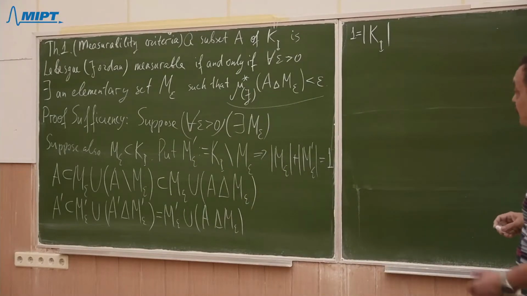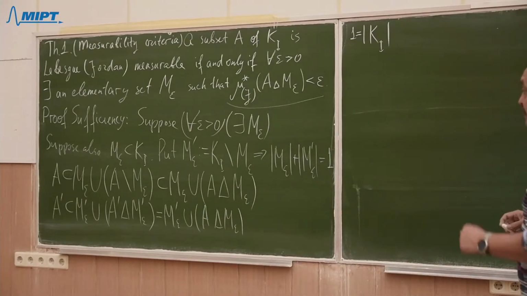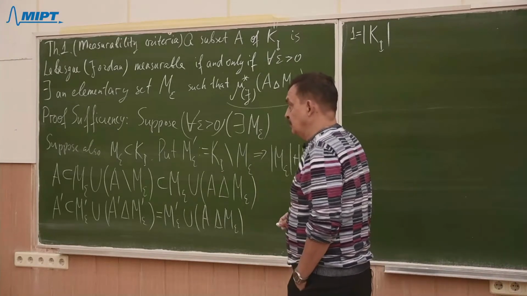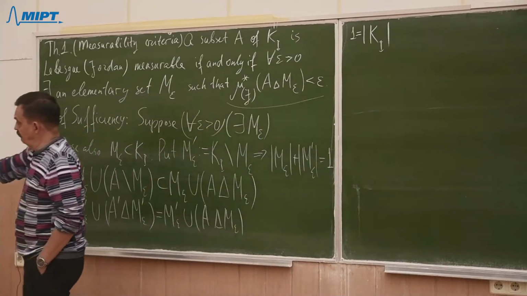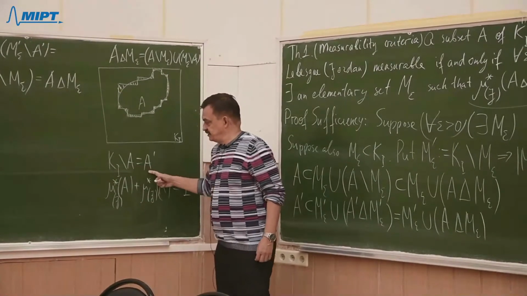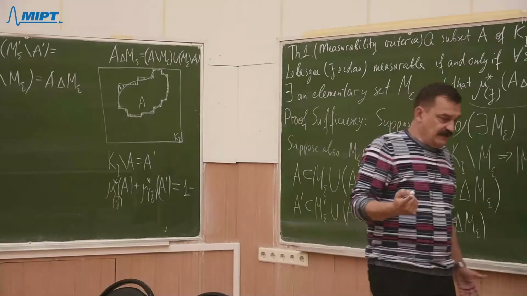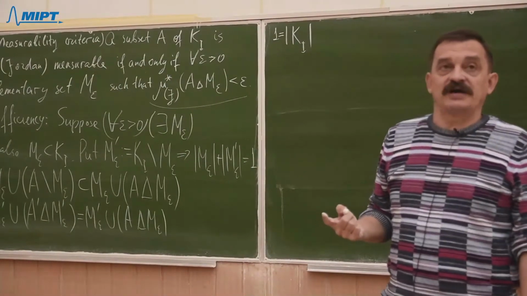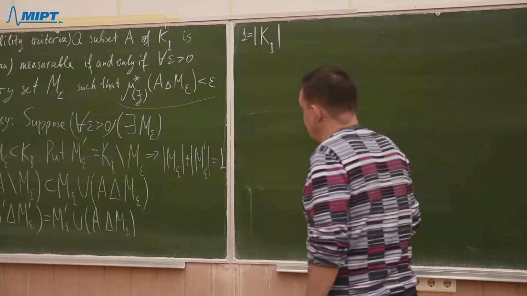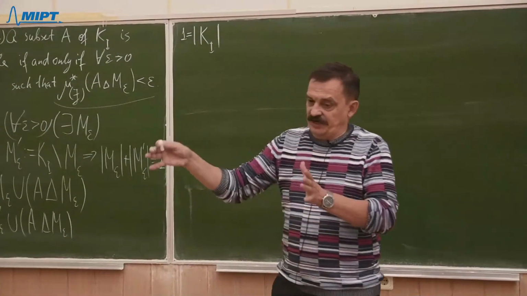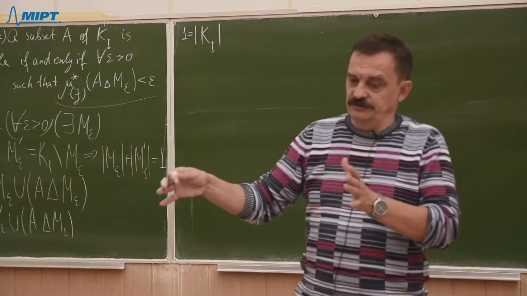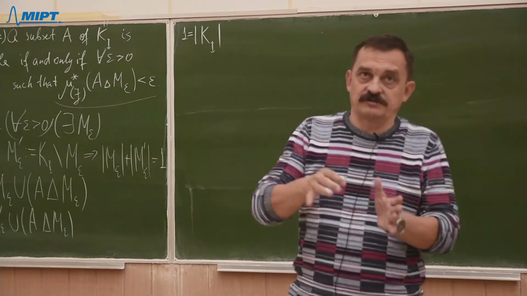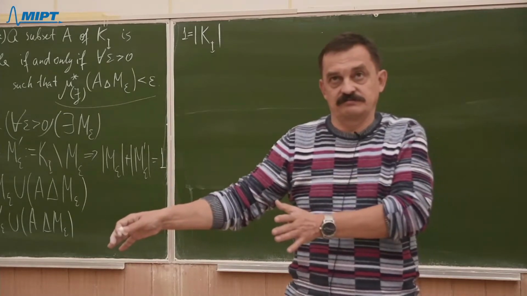Our fixed cube is a union of two sets, and we had a property of the outer measure: if a set is covered by a union of two sets, then the outer measure is less or equal than the sum of outer measures.